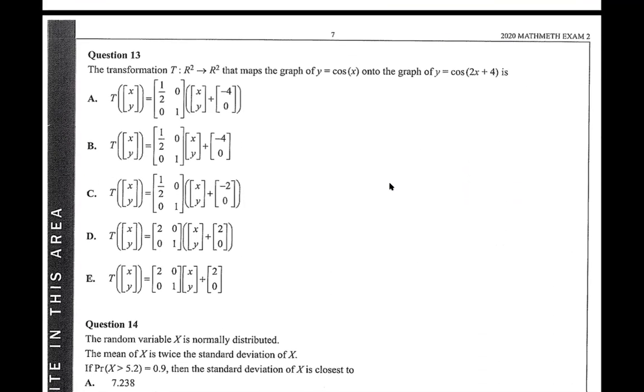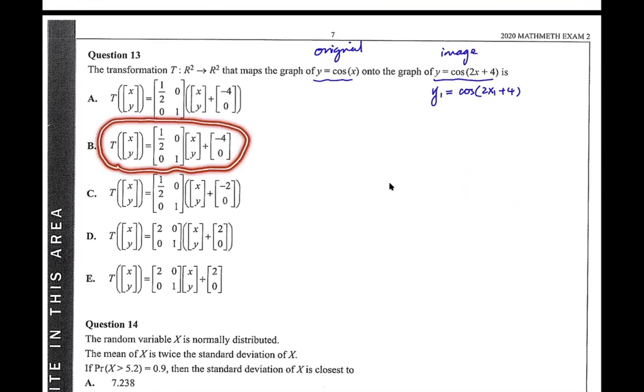Question 13. The transformation that maps the graph of that onto the graph of that. So this is my original. This is my image. The image function should actually be y1 equals cosine 2x1 plus 4. Be aware of the forms of the matrix equations.